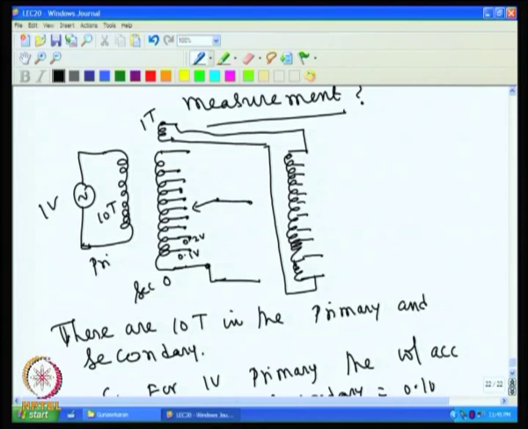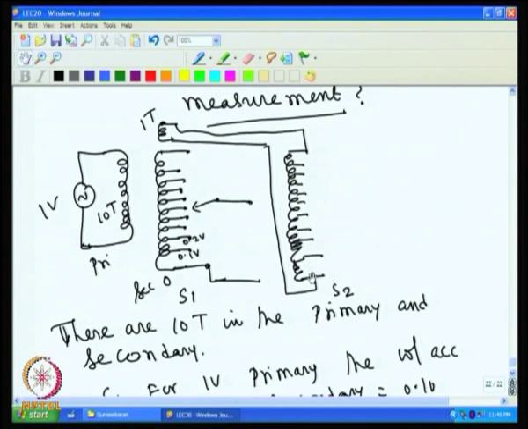So, now we have one more secondary winding. We call this one S1, and this is another secondary winding S2. S1 has a total of 10 turns, and the voltage across each one is 0.1 volt. And there is another secondary added to this, with only one tenth. So, the voltage across this also is 0.1 volt.